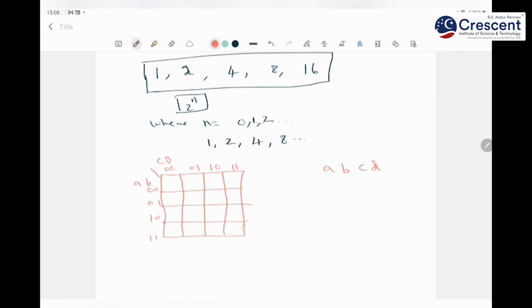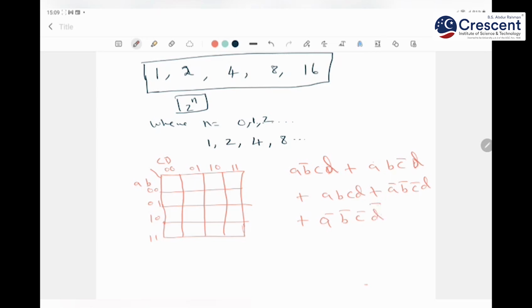How will we mark in this? Let us assume that we are having a function something like this: sometimes we can have an equation like A B bar C D plus A B C bar D plus A B C D plus A bar B bar C bar D plus A bar B bar C bar D bar.